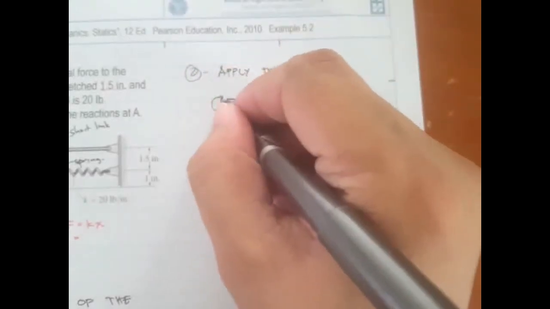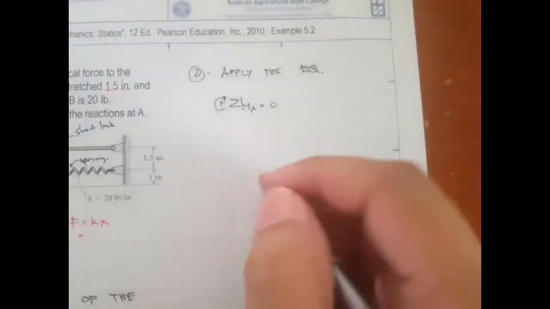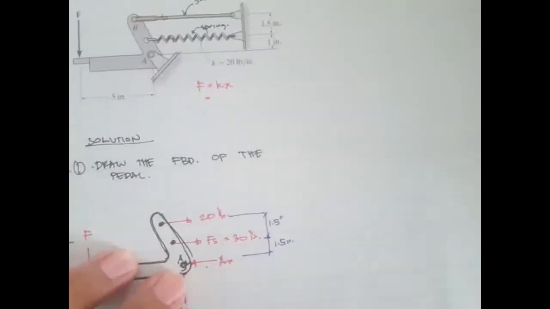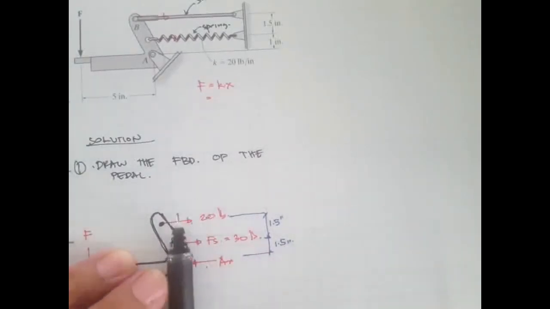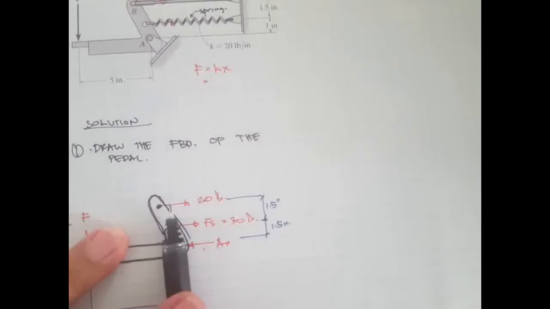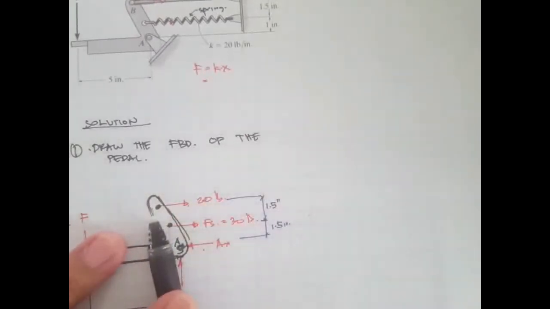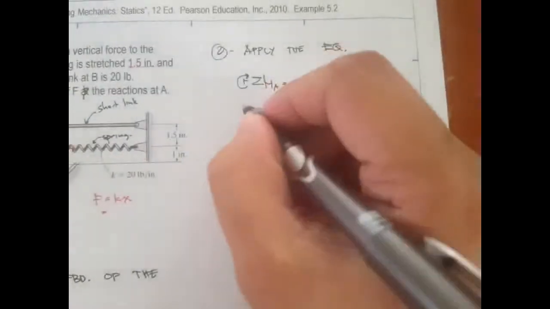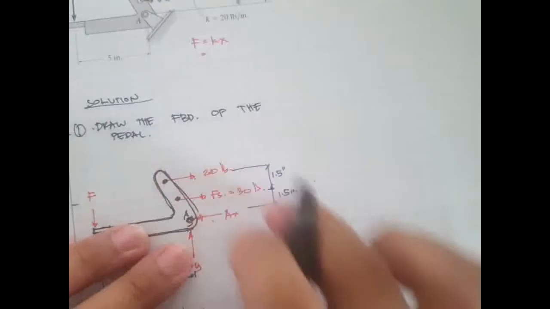My assumption is that all moments acting clockwise are positive. The first one is 20, because that's the force that produces moments, so 20 times the moment arm, which is 3. This is clockwise.